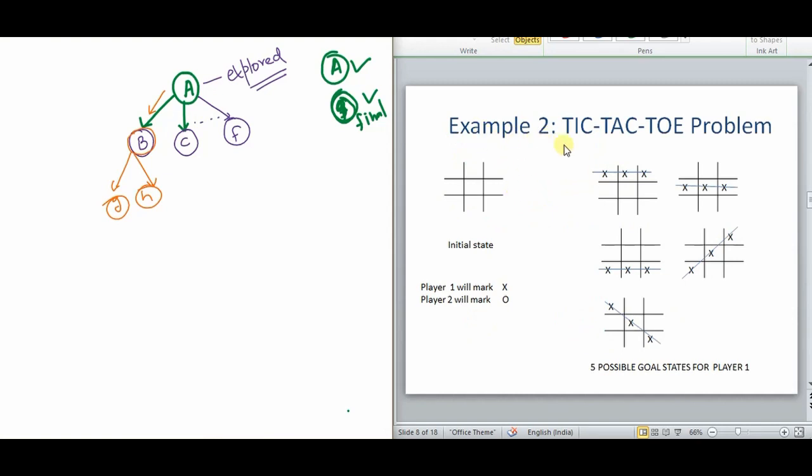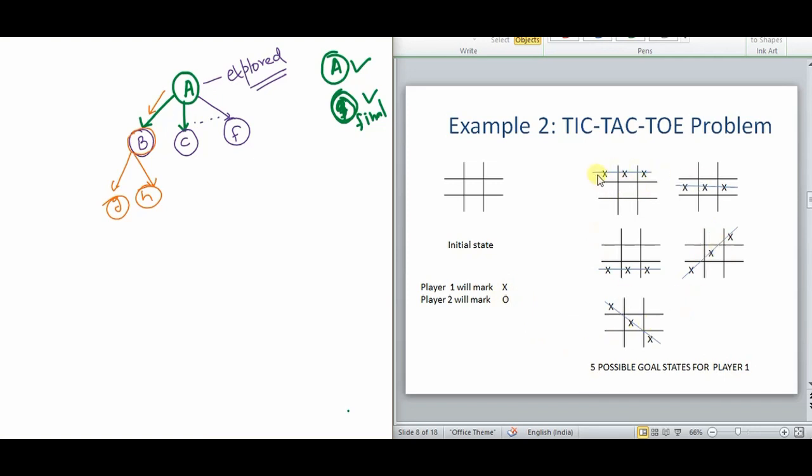Now the second example I have already discussed, the tic-tac-toe problem. In the tic-tac-toe problem, the initial state, as I have told you, is a 3x3 board, so ultimately there are 9 cells. Player 1 will mark X, player 2 will mark O. And what are the possible final states? There will be many possible final states, but for player 1, the one marking X, these are the 5 possible final states.